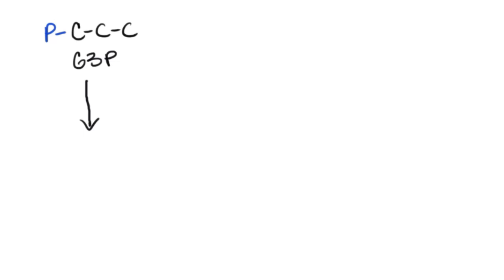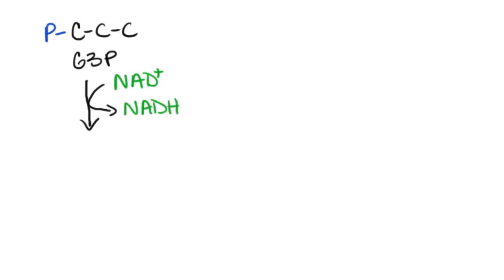So as we begin to oxidize this organic molecule, we are going to see an electron carrier, NAD+, which is going to come in, grab some electrons, and when it does, it turns into its reduced state, which is NADH.